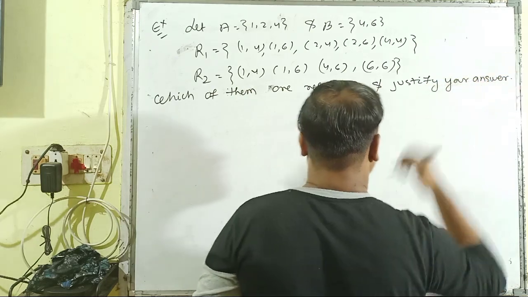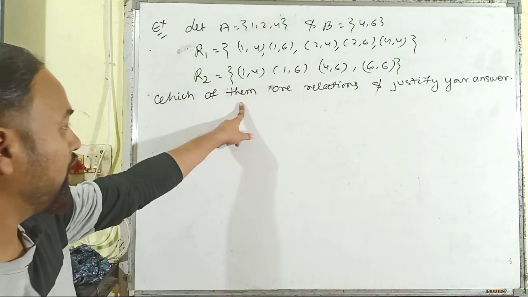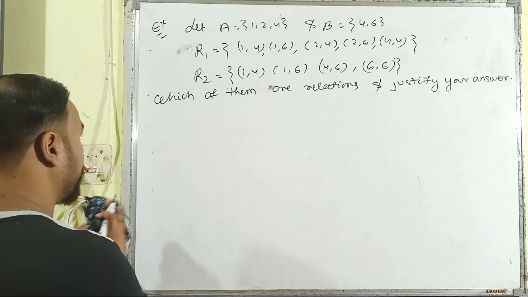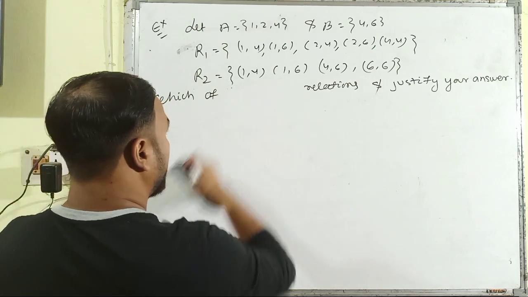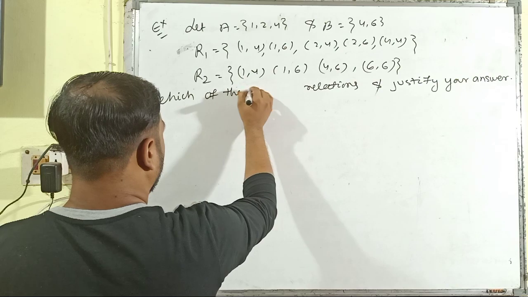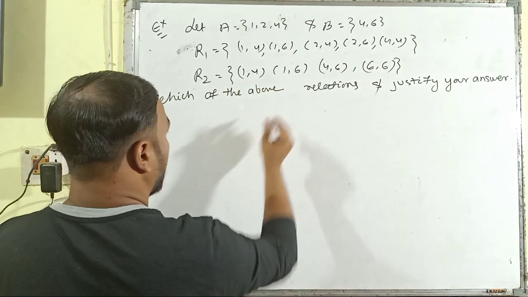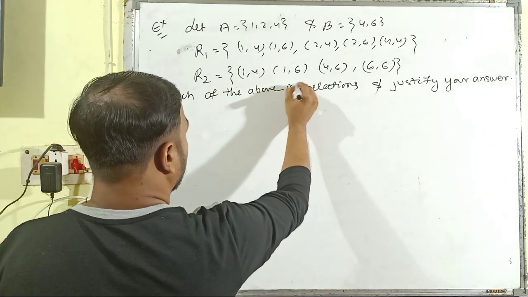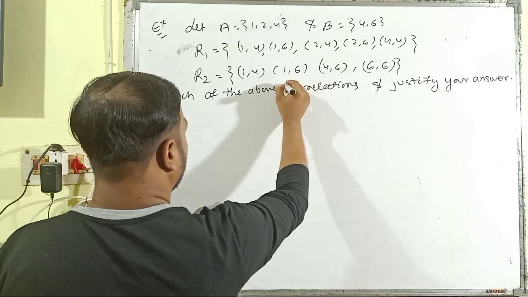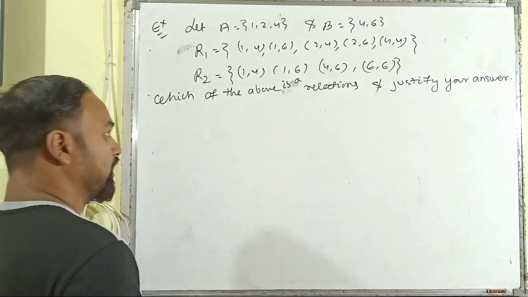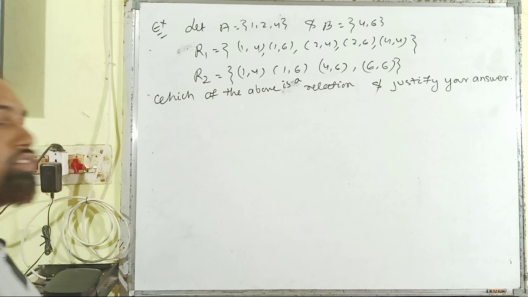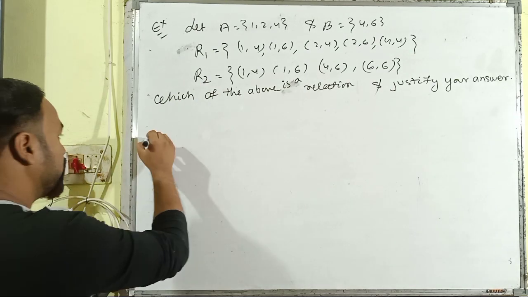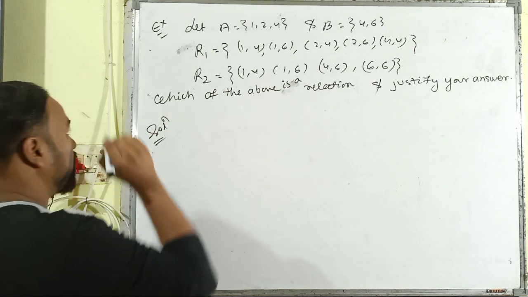Okay, you may write down which of the above is a relation, or R is a relation, and justify your answer. Okay, this is the question for you. So first of all, we have to go through the solution part.